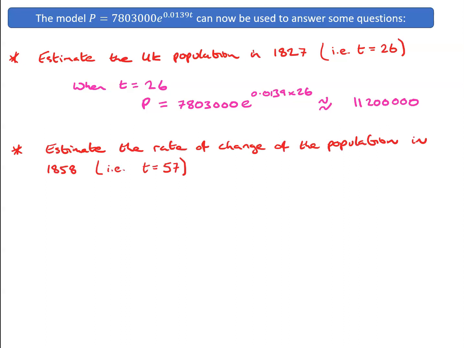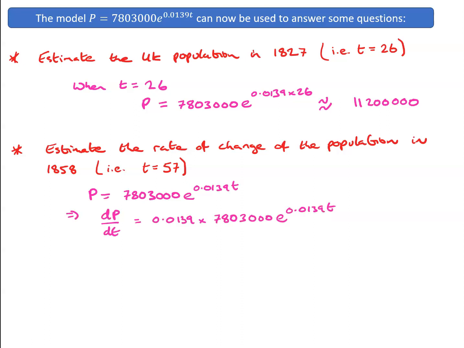If we want to estimate the rate of change of the population in the year 1858, well, 1858 is 57 years after 1801, so we want the rate of change of the population when t equals 57. Rate of change is the gradient, so we need to do some differentiation.